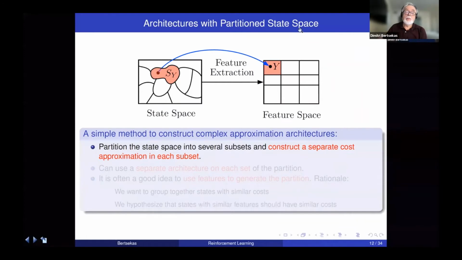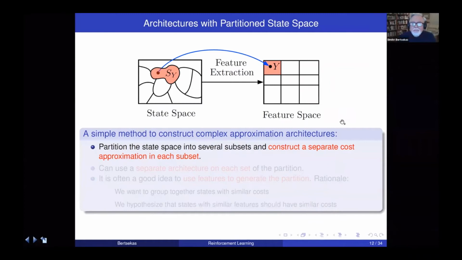We're going to discuss a little bit later in the course: suppose you want to construct a complicated approximation architecture, in particular, one that has different structure in different parts of the state space. So here we partition the state space into several subsets, and we construct a separate cost approximation in each subset. Perhaps in some of the subsets, the target function is quite a bit different than in other parts of the state space.